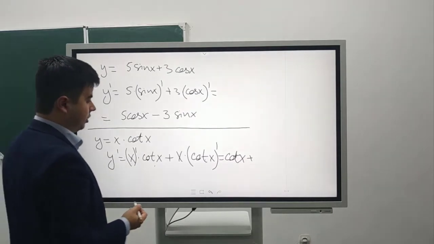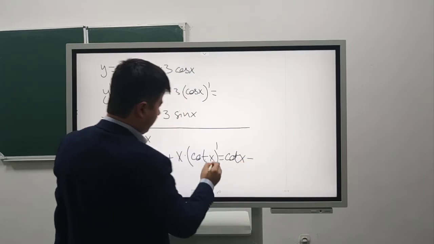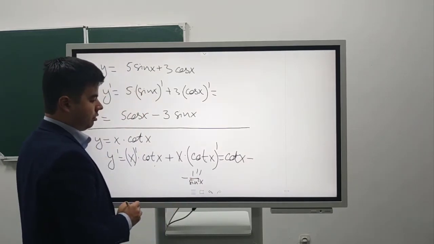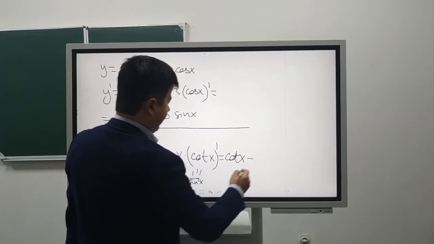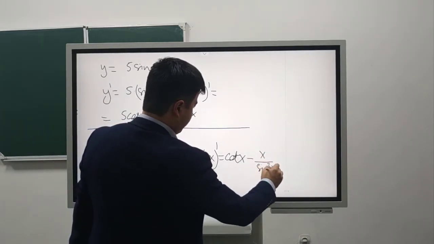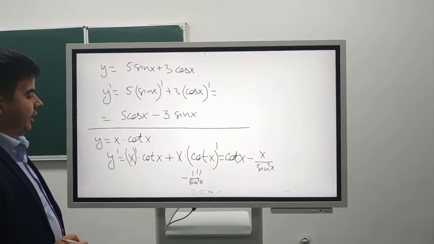So in the middle we have minus now, because the derivative of this one is minus 1 over sine squared x. Let's put it instead of cotangent x, and we get minus x over sine squared x. And we get the answer.